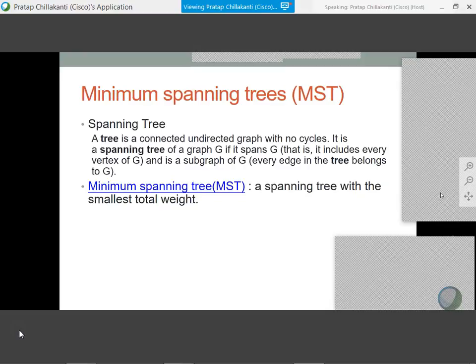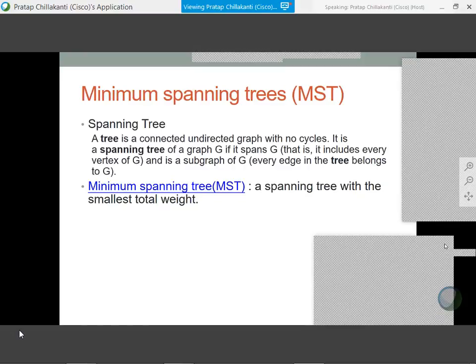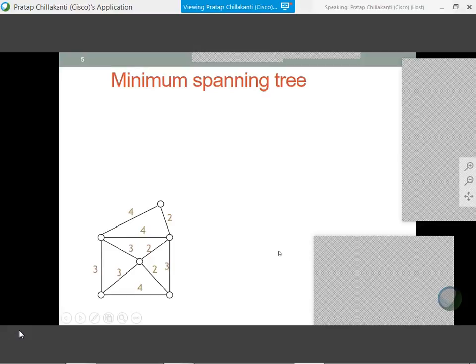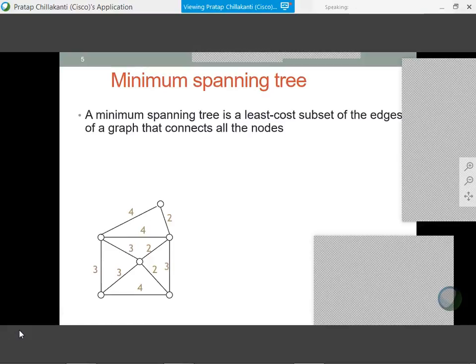And as you know, both Kruskal and Prim, especially Prim, use these concepts, right? So keep that in mind. A minimum spanning tree is the least cost subset of the edges of a graph that connects all the nodes.